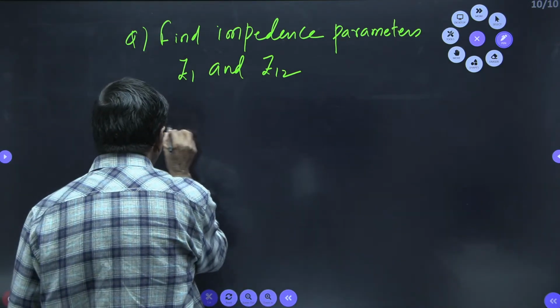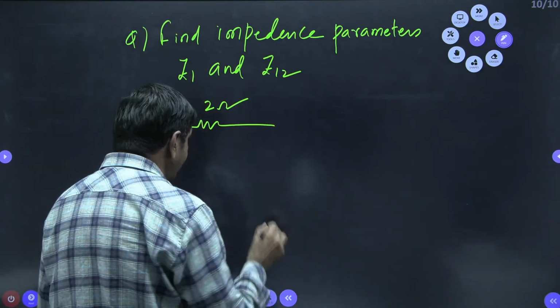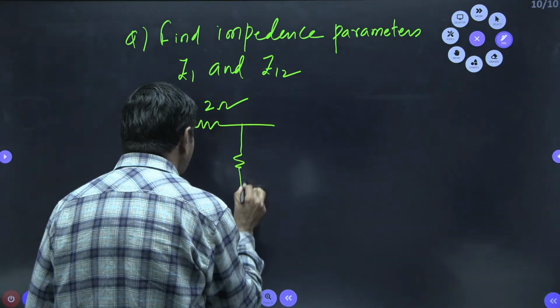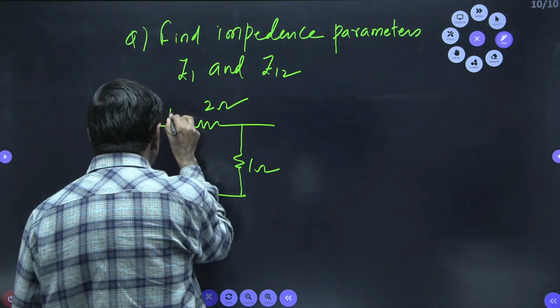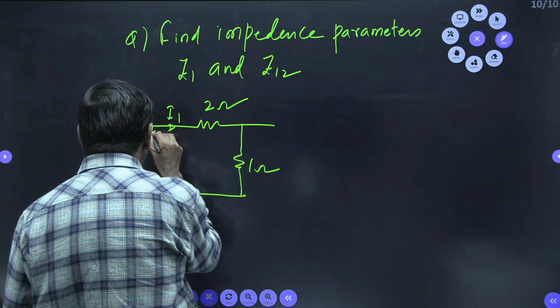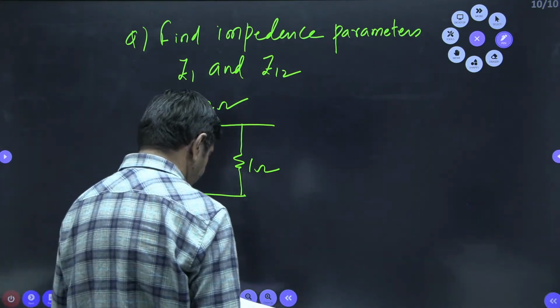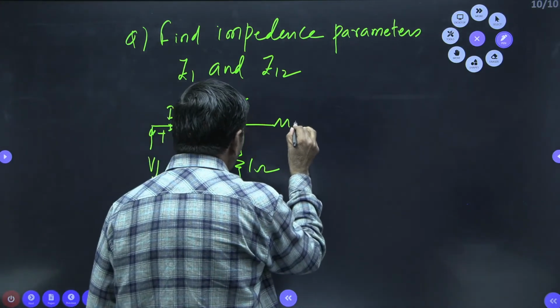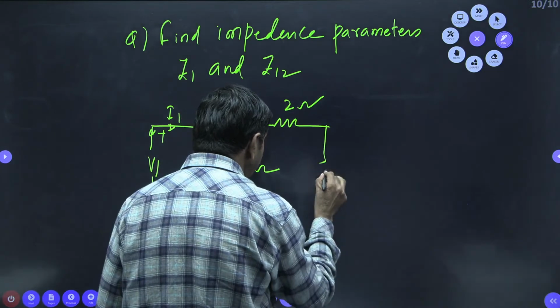The given network is: there is a 2 ohm resistor, and a 1 ohm resistor this side. This current is taken as I1 and this voltage is taken as V1. Here it is connected with one more 2 ohm resistance, and here with 1 ohm.